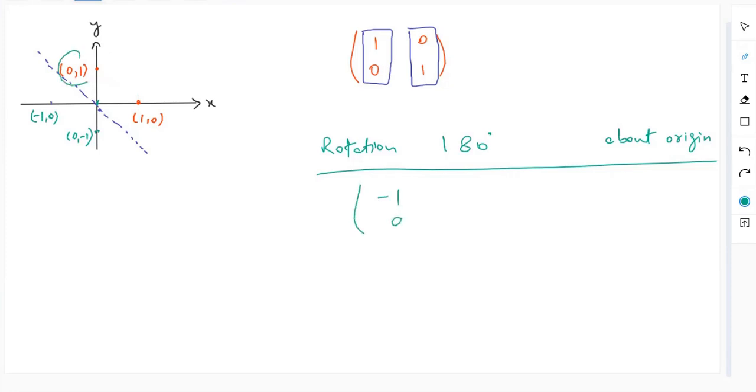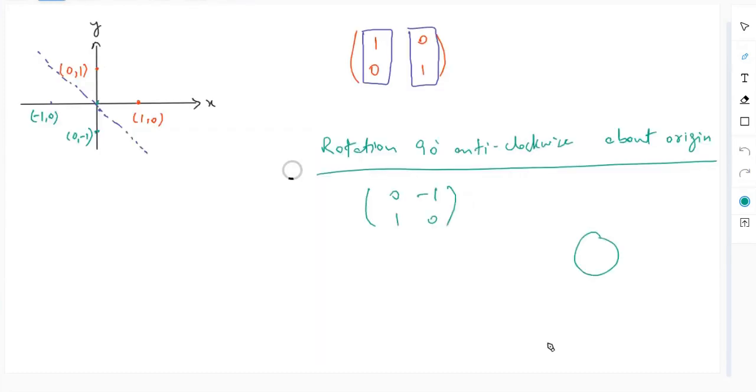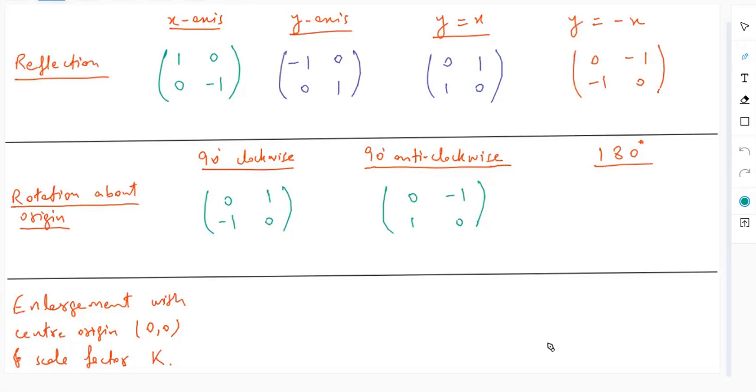Right? What about 0 1? 0 1 rotate होके 180 degrees, बिल्कुल opposite side पे चला जाएगा origin के. That's 0 minus 1. Right? So that's your matrix for 180 degrees rotation. Minus 1 0 and 0 minus 1. That's for 180 degrees rotation.